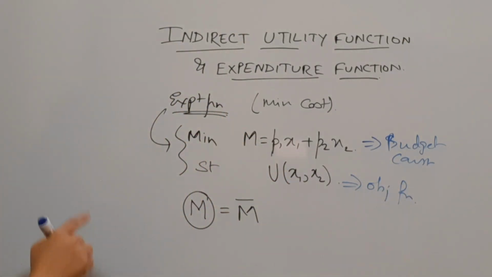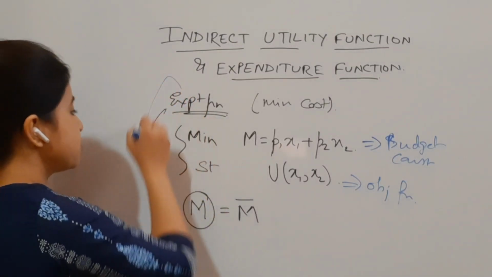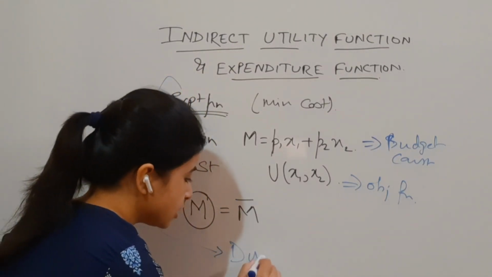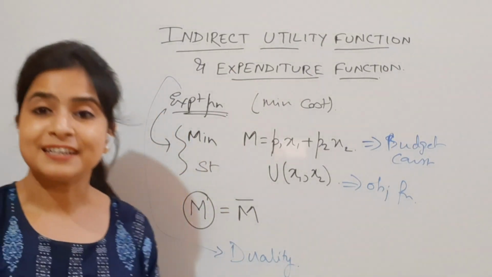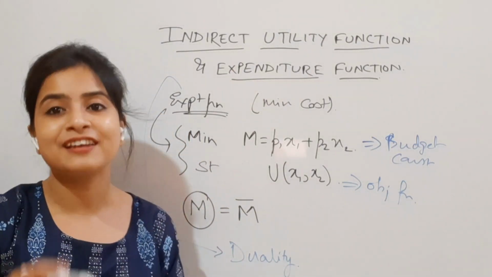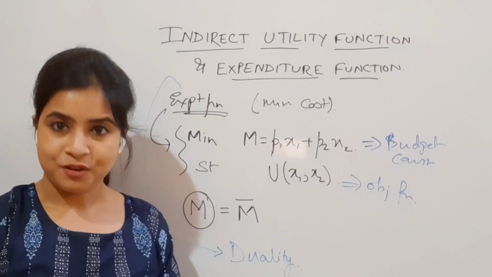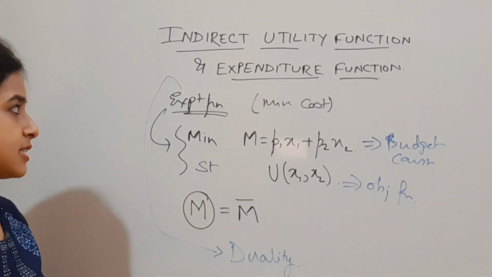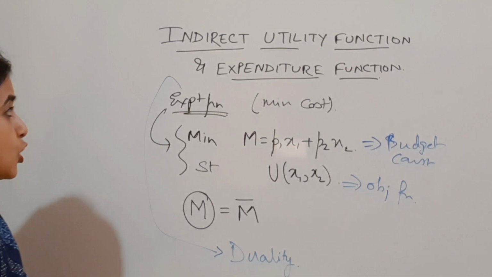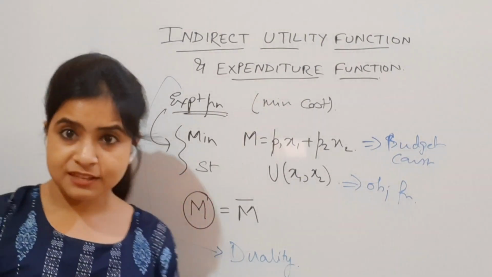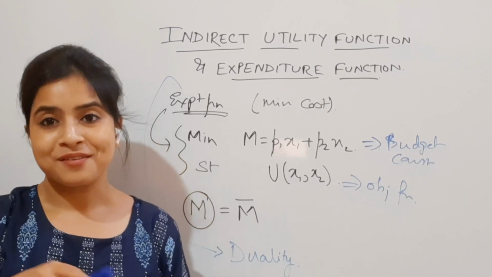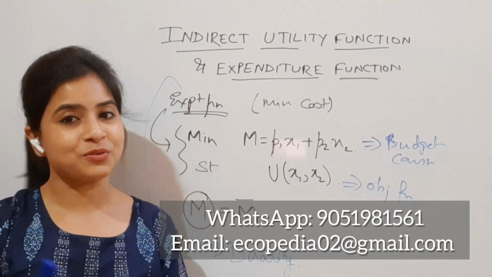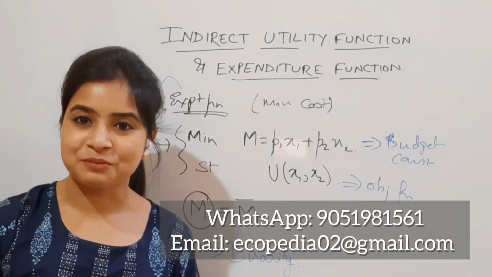Therefore we can say the expenditure function is the dual of the indirect utility function. However, I have not shown the explicit version of the proof. If you are interested, do let us know. The details are appearing on your screen, or you can also find them in the description box.